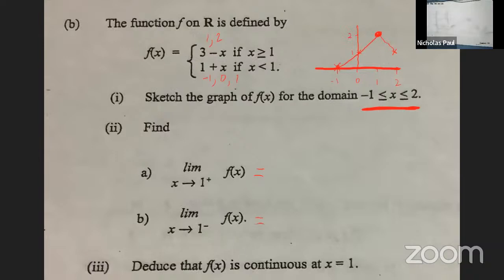Okay, quick question. As you approach 1 from the right, what you getting? Wait, people online no message on me. Brittany, as you approach 1 from the right, what you got? Brittany?